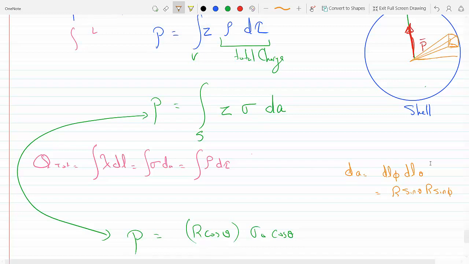So here we have d theta d phi, R, wait, messed up, R sine theta. This pen got stuck.